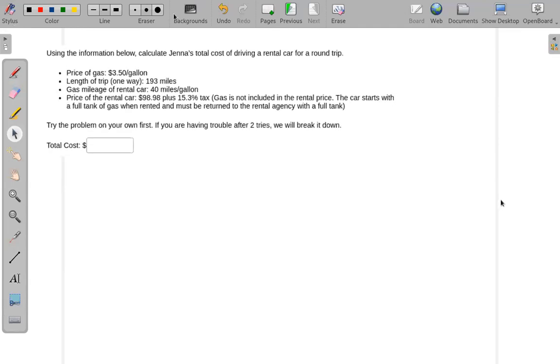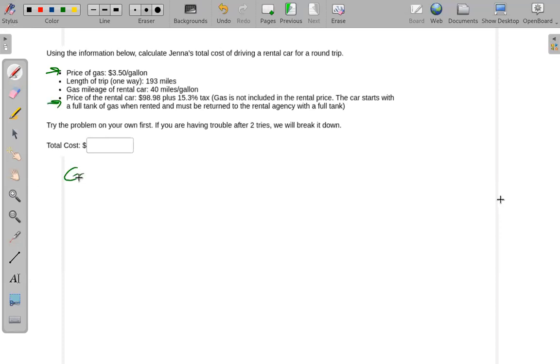Okay, so we want to know the total cost here. So we need the cost of gas. Now we know how to do that. We did that in the first part of this assignment. And so to find that, we need the dollars per gallon. So I have the gas cost and I have the rental car cost. So two sets of costs we need to put together.